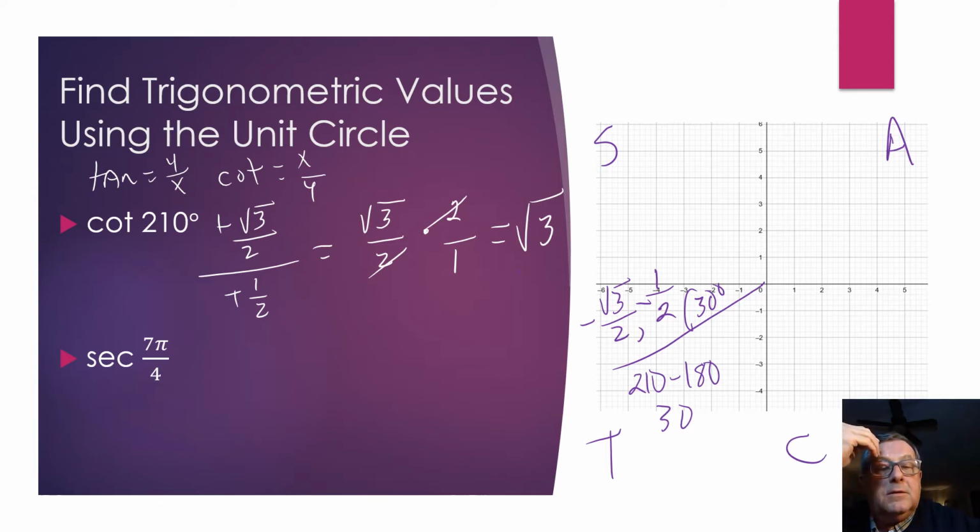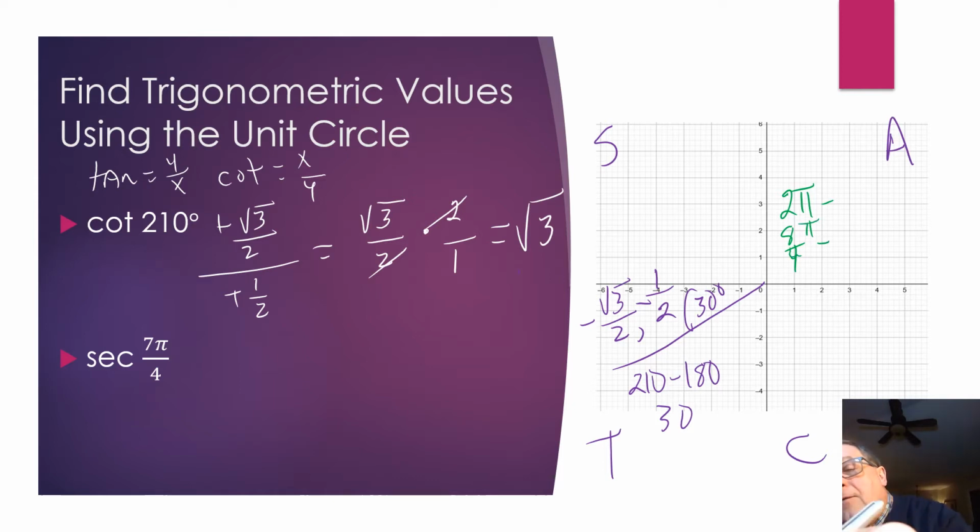So 7 pi over 4, well, if I did 2 pi, which is the same as 8 pi over 4, minus 7 pi over 4, that's going to equal pi over 4, right? And it tells me also that I'm in this fourth quadrant.